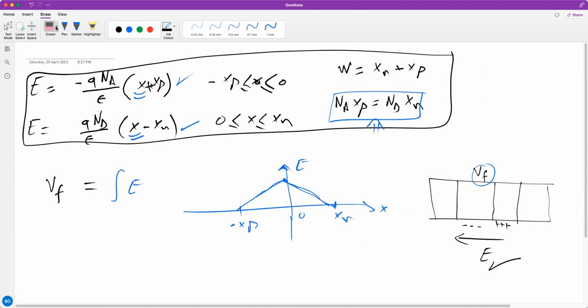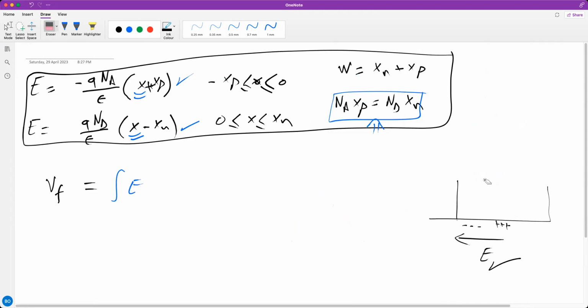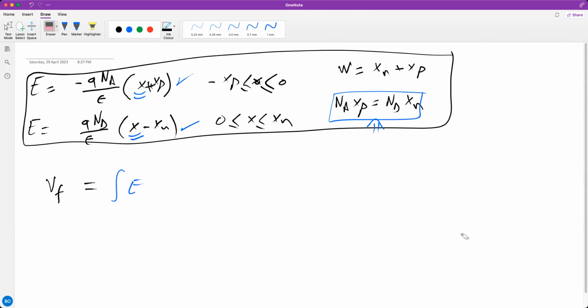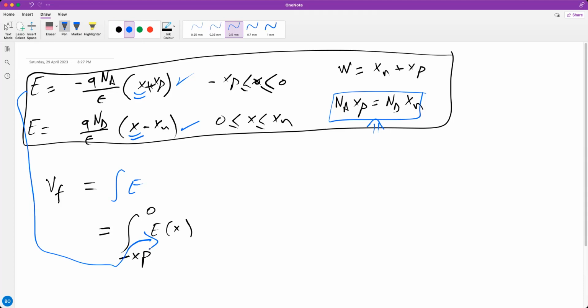Yes, you are right, except that in this case, the electric field is not constant, so we have to integrate. Now, the problem here is, we have two electric fields, right? So I have to integrate from minus xp to 0 the electric field, which is this one, plus the integral from 0 to xn of E(x) dx, which is now this one.